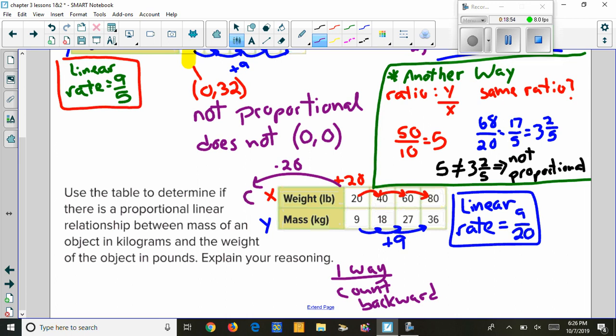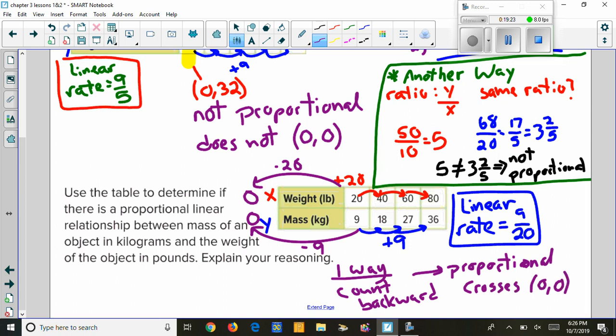Well, that's 0. And if I subtract 9, that is 0, which tells me that this is, in fact, proportional. Because it'll cross 0, 0.